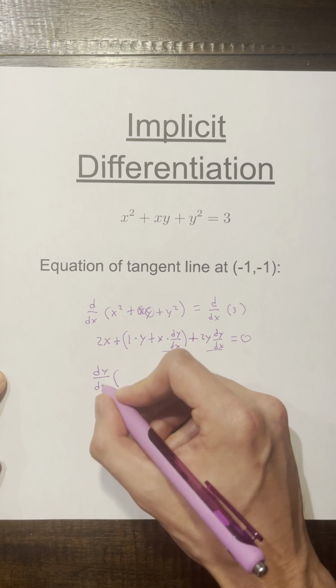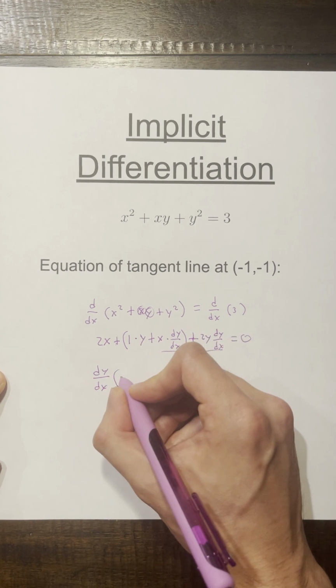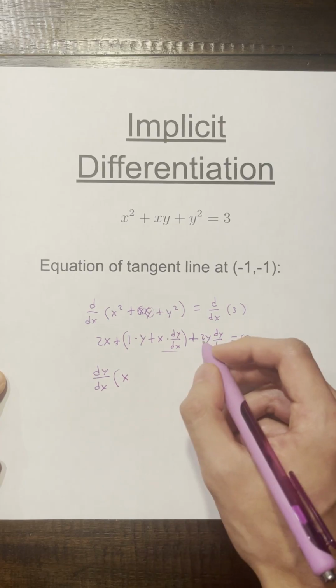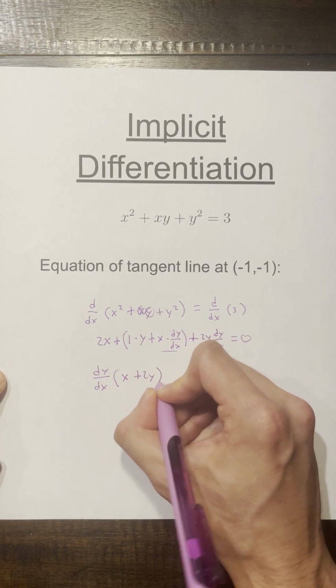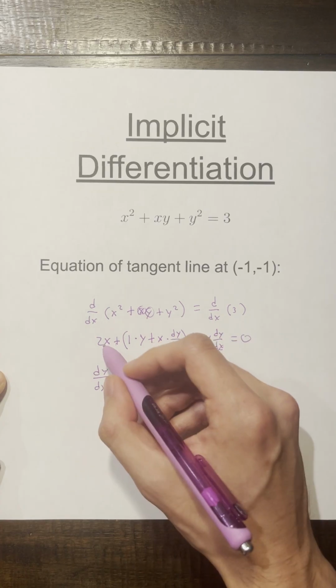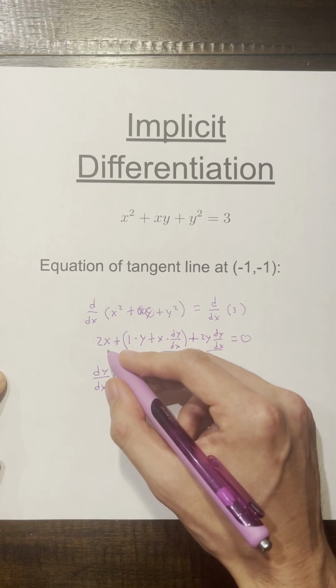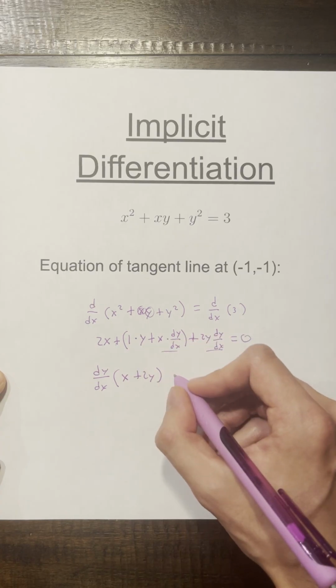And I factor out the dy dx. It's going to be dy dx times x plus 2y. And then it's going to be plus 2x plus y on this side.